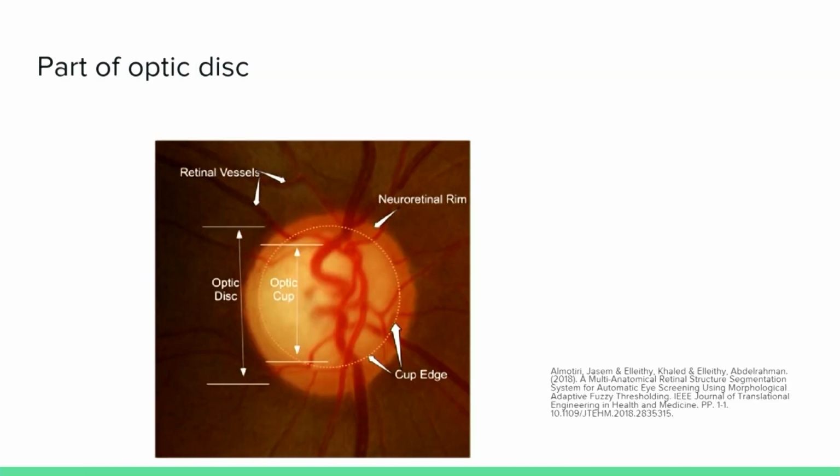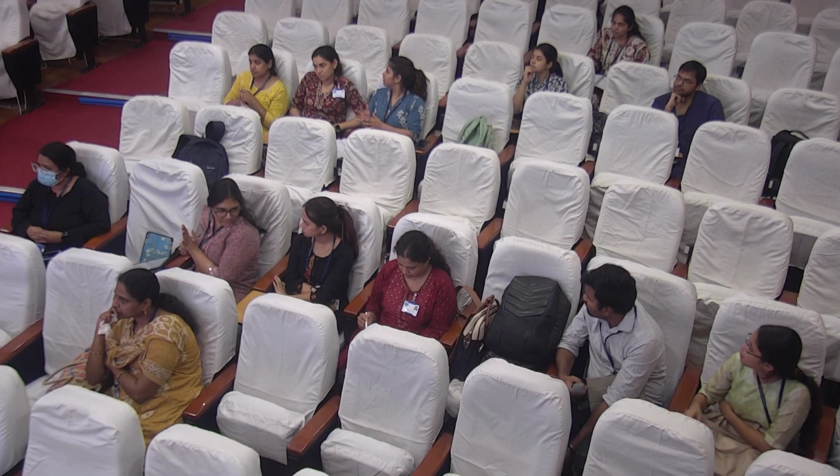You want me to go back? No. First, do you understand that picture? So which is the neuroretinal rim? At the periphery is the neuroretinal rim. How do you define it? Ma'am, the nerves passing. It's the area. Okay.